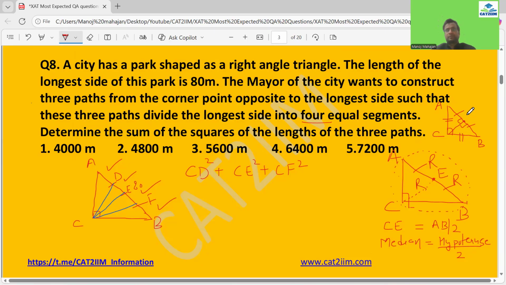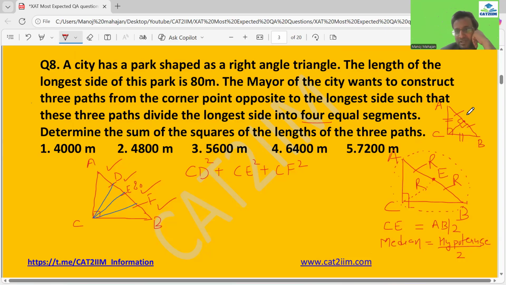In that case, if you join the median from the vertex where you have the 90 degrees, that median would also be the altitude, it becomes the perpendicular bisector as well, right? And it would be the angle bisector also.